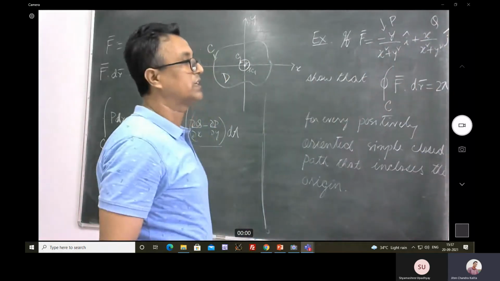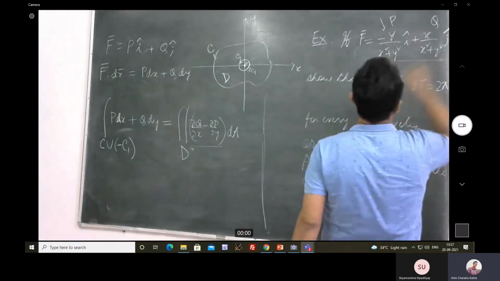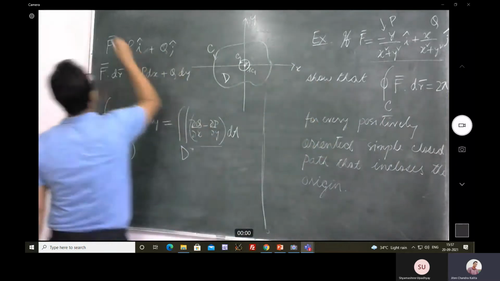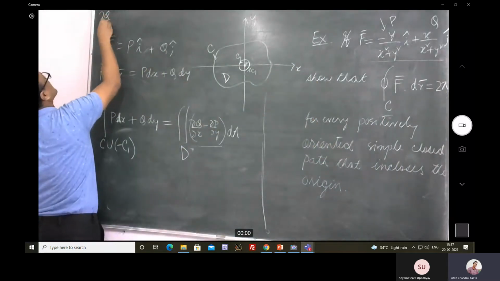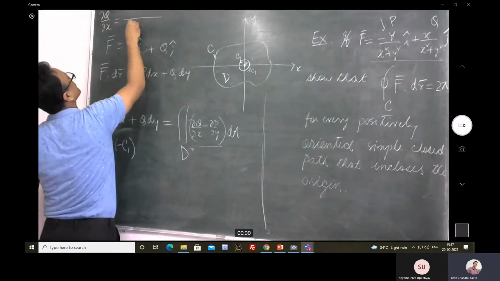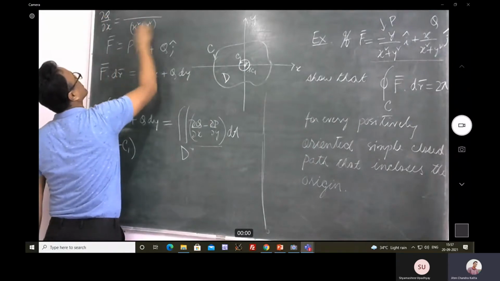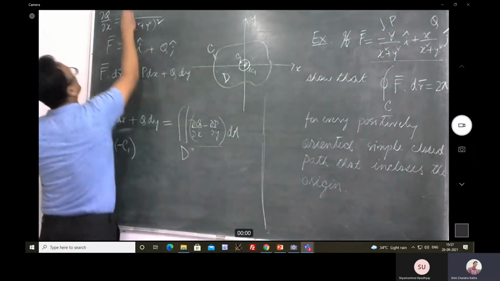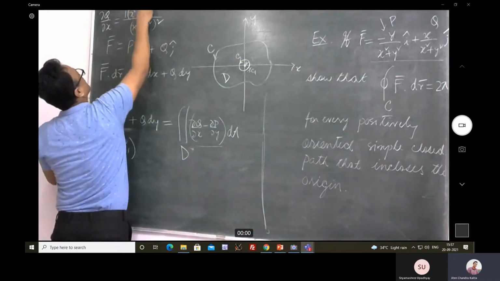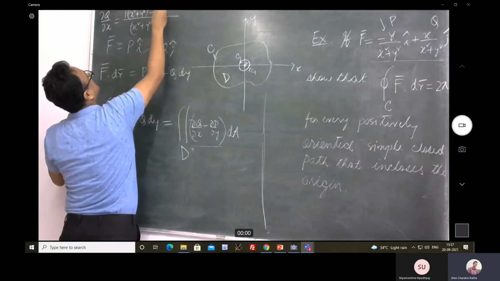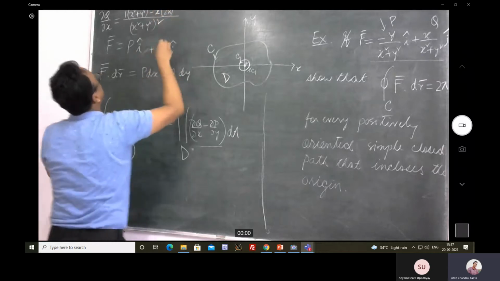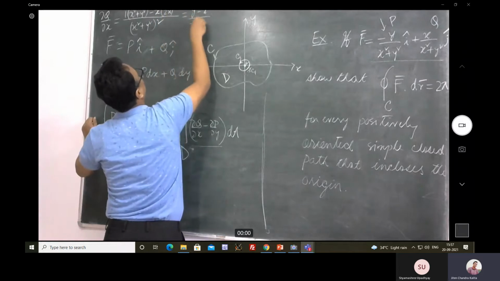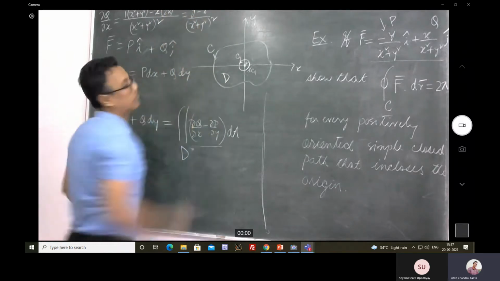If you evaluate del Q del x, it is going to be, with x squared plus y squared whole square in the denominator, and in the numerator 1 into x squared plus y squared minus x into 2x, so it gives y squared minus x squared over x squared plus y squared whole square.